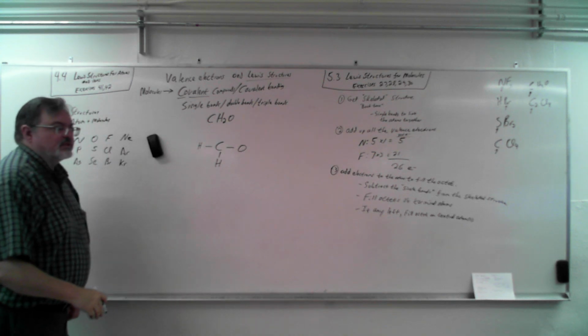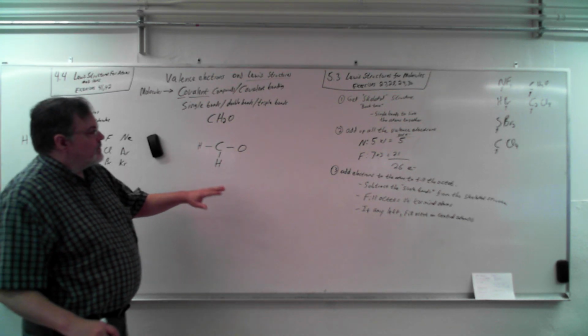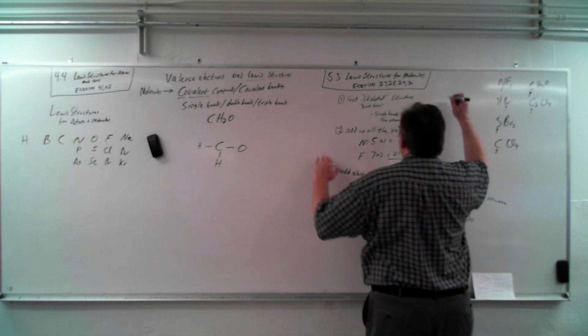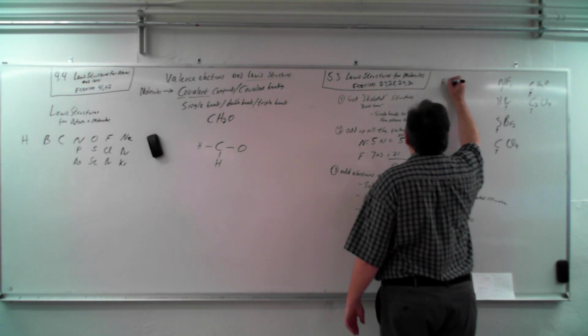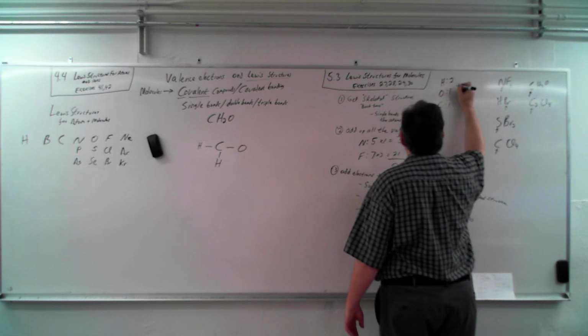That's what I would call the skeletal structure here. All right. Following the rules, we're here, and we would go hydrogen, there's 2 of them, oxygen, there's 1 of them, carbon, there's 1 of them.